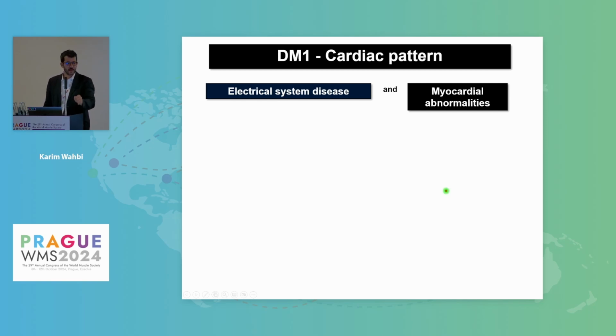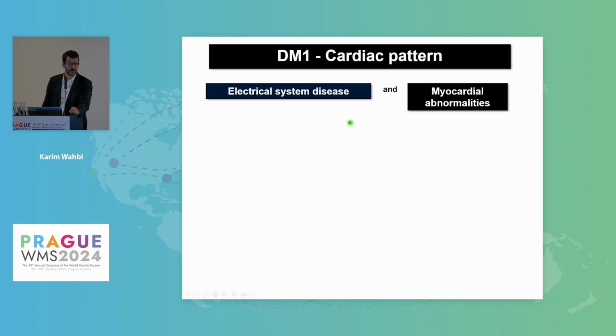Very basically, cardiac involvement in DM1 is a cardiac channelopathy, mainly related to an abnormal splicing of SCN5A, a gene encoding the cardiac sodium channel.